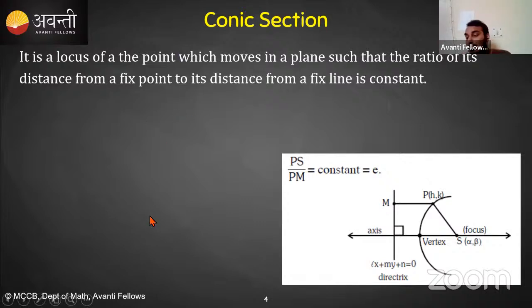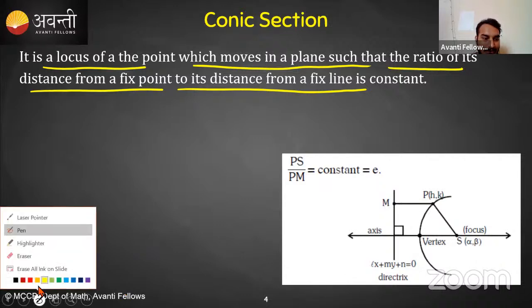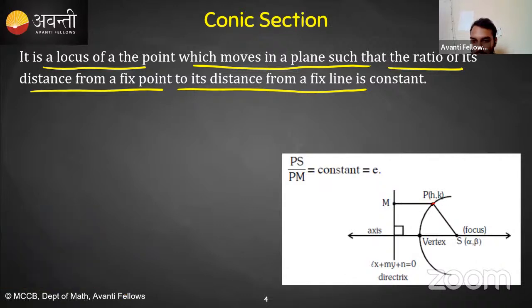So, students, the definition of the conic section is that it is the locus of a point which moves in a plane such that the ratio of its distance from a fixed point to its distance from a fixed line is constant. Let's say this point P is the locus.